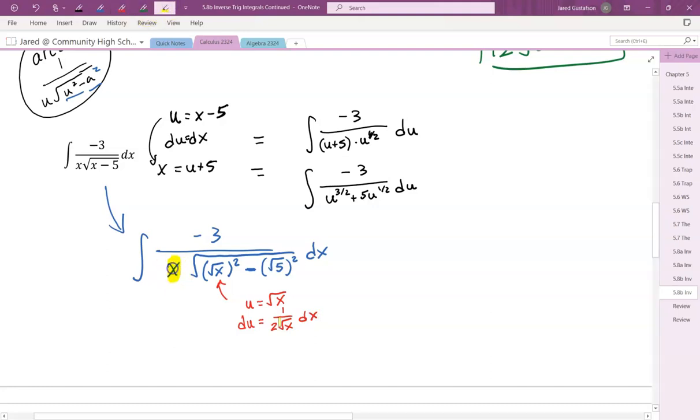So how do these things play nicely? This is a little tricky. This might confuse you a little bit, but do your best to follow along. Instead of writing x out in front, what if I wrote it as the square root of x times the square root of x?